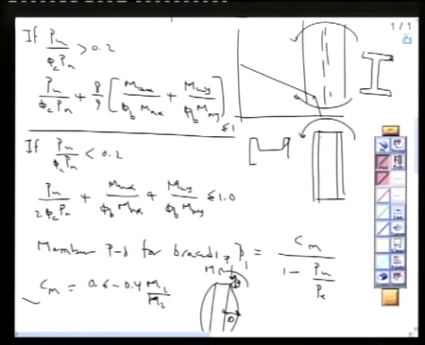Now, in order not to make a mistake, take this to be X, take this to be Y, then the bending moment will be in the Z direction. For this member, this will be the X and this will be the Z. So in this member we have bending about the major axis, and in this member we have bending about the minor axis.